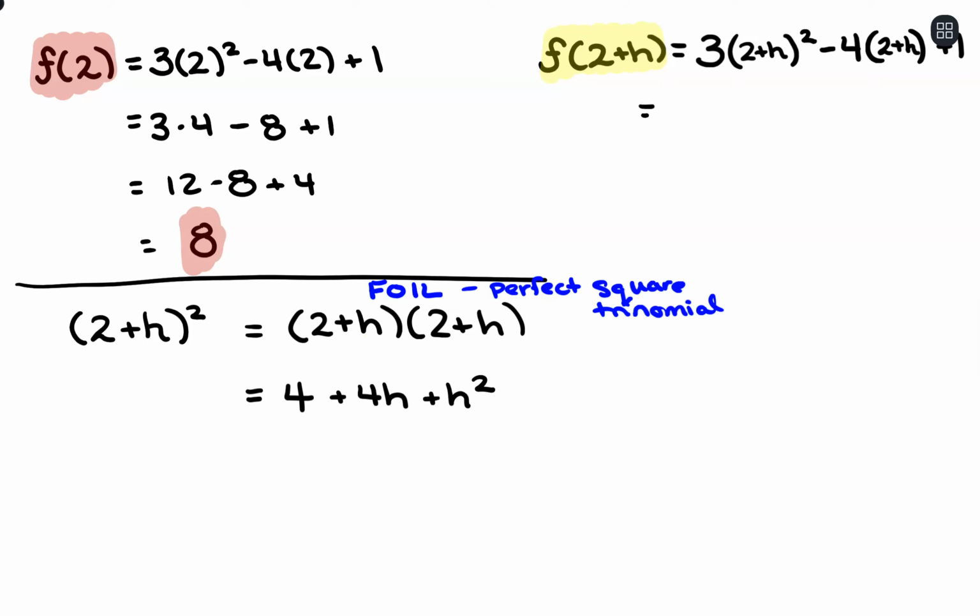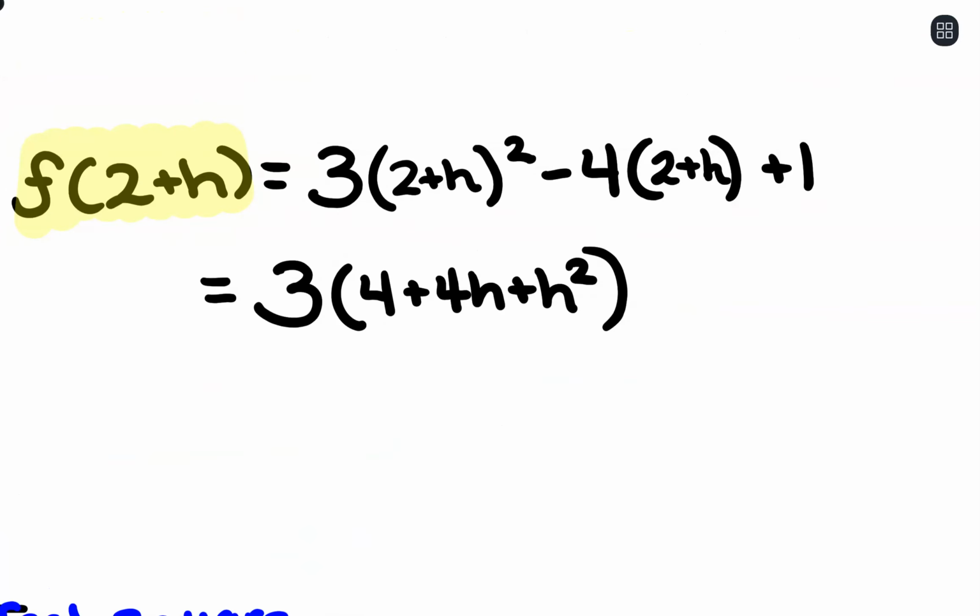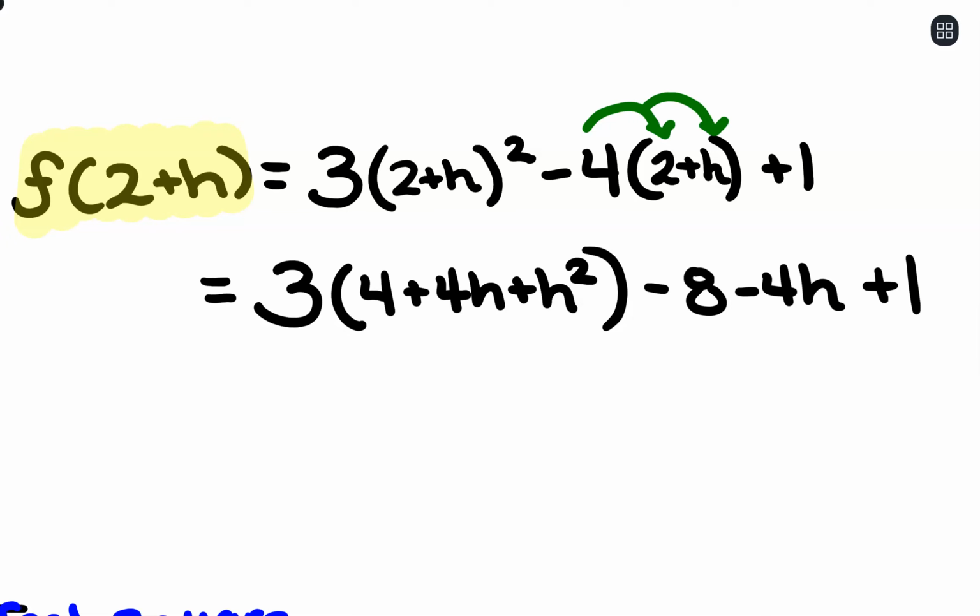So equals 3 times, and where I have this 2 plus h squared, that would simplify to this 4 plus 4h plus h squared. And then with that negative 4 times 2 plus h, we need to distribute. So we're going to have a negative 8 minus 4h, and then that plus 1 at the end.